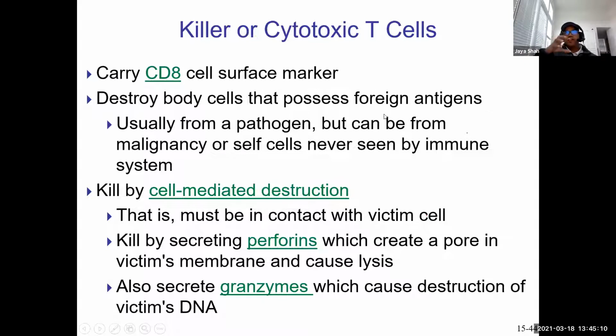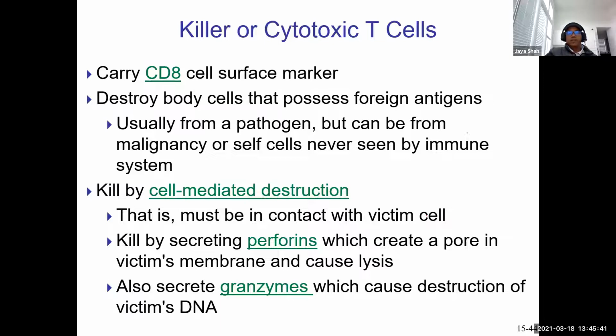So if any cells in the body, whether it is your alveolar cells or lung cells infected with COVID virus, or any abnormal cells which become cancerous, then the activated cytotoxic cells come, and they kill them in two ways mainly.